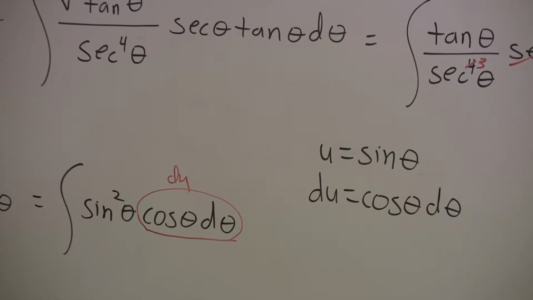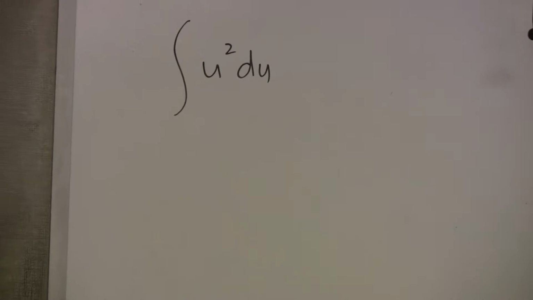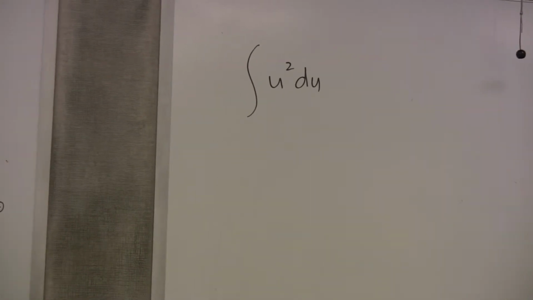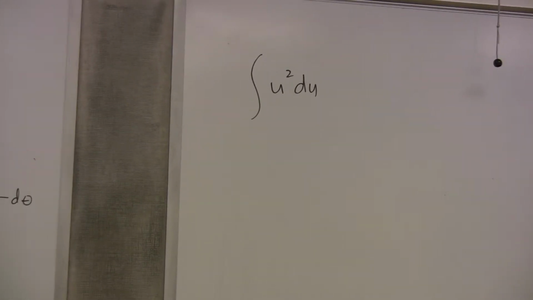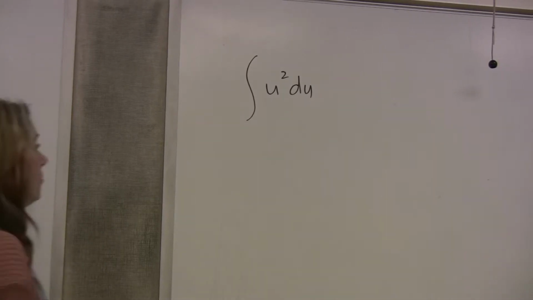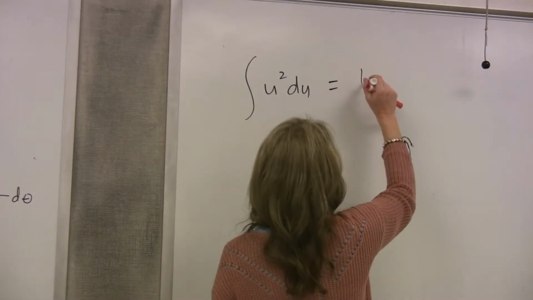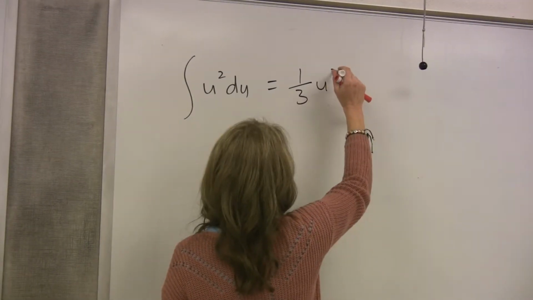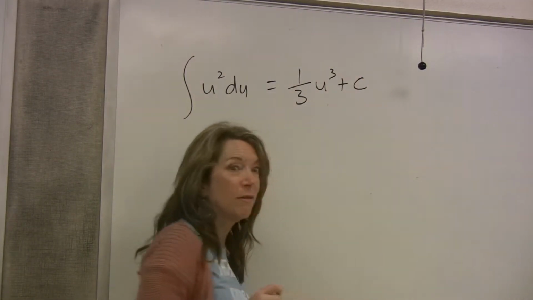Look how pretty it is. I think we could actually integrate it now. We spend 20 minutes getting ready to integrate. What do we use? We use trig and algebra. The integral of u squared is 1/3 u to the third. 1/3 u cubed plus c. Don't forget that plus c.